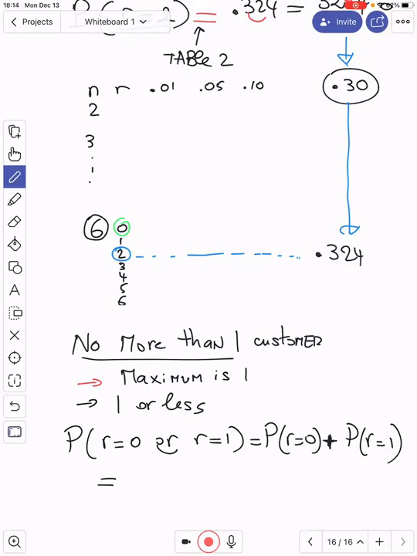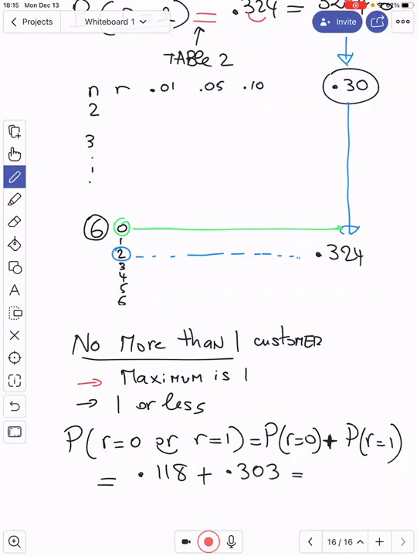For the probability that R is 0, you go to R equal to 0 right here, and then you can find your percentage, which is 0.118. Plus, for R equal to 1, it's 0.303.